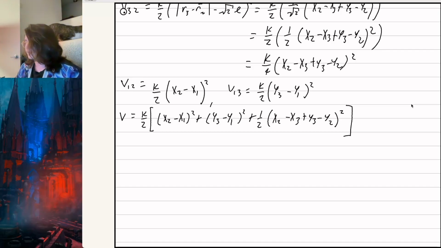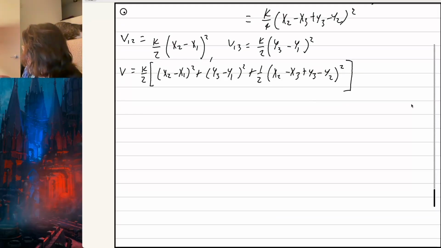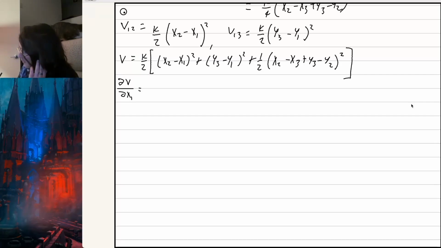Cool. Now we can start calculating all these different partial derivatives. We're basically taking a Jacobian of this thing. Let's do, first of all, partial v with respect to x1. We have k over 2 out front.